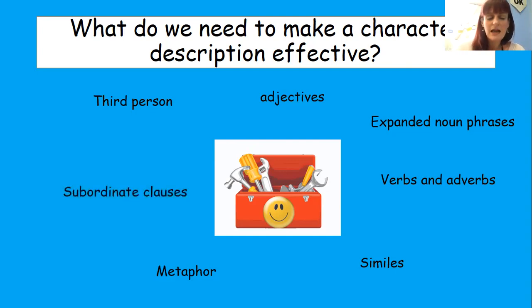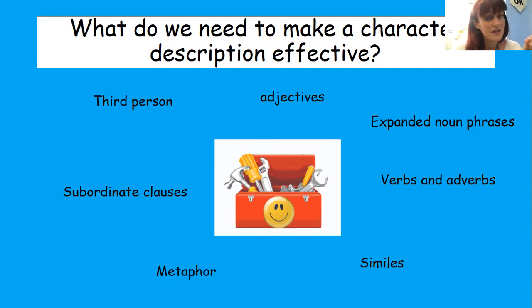Subordinate clauses, that is where you are using because, although, if, since, when, while, after, before. I can't think of any more off the top of my head. I saw a wub-wub. If you're not sure what that means, type it into Google and then you will find a list of about 9, 10, 11 different subordinating clauses.